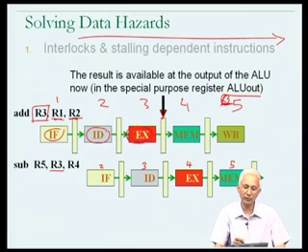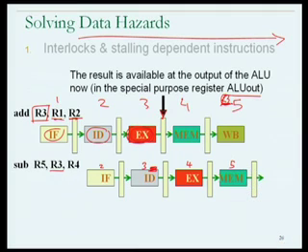That would have been a problem, because in the ID stage it would have tried to read the value from register R3 towards the end of the ID stage, which is before the value has actually become available, which is only at the end of that cycle.